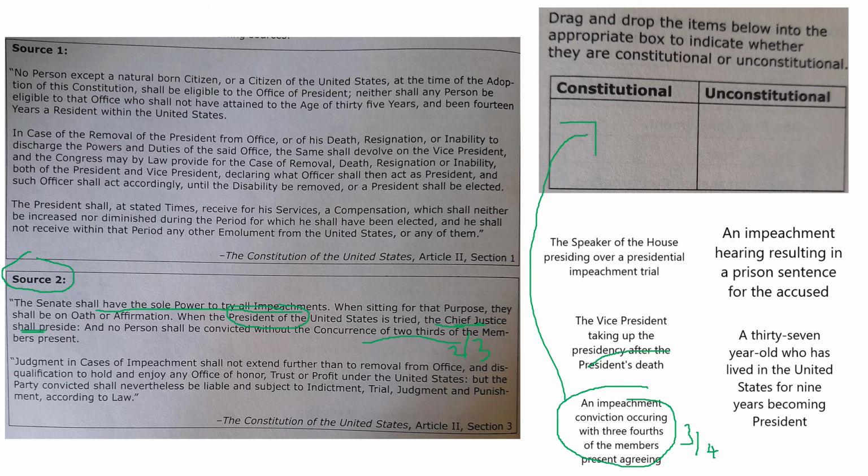Now, you can impeach a judge or a Secretary of State, but if it is the president that is being impeached, it must be the Chief Justice that is the leader. Here it says the Speaker of the House is presiding. So this would be against the Constitution.